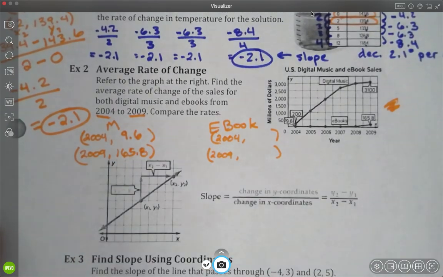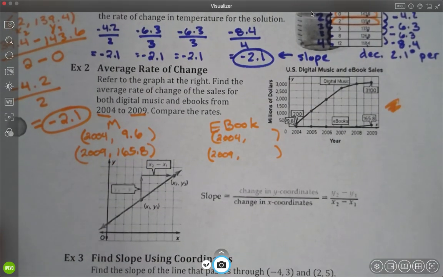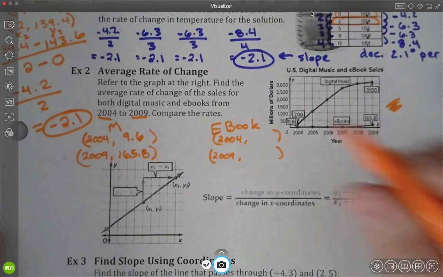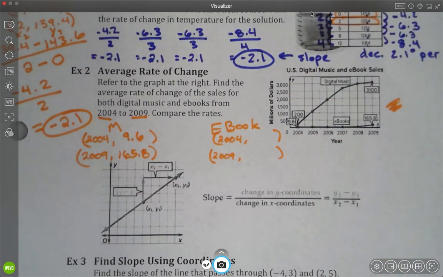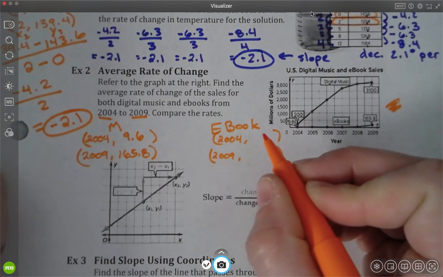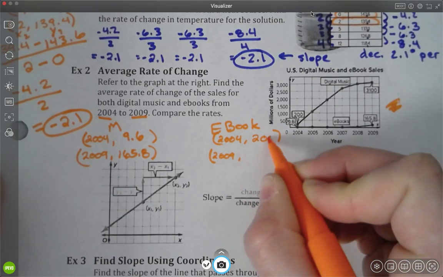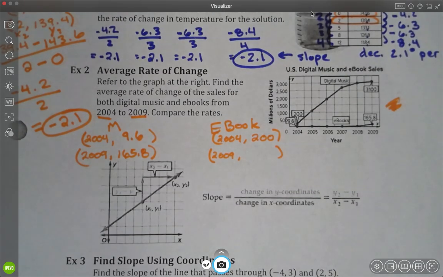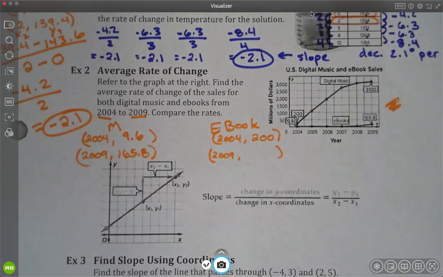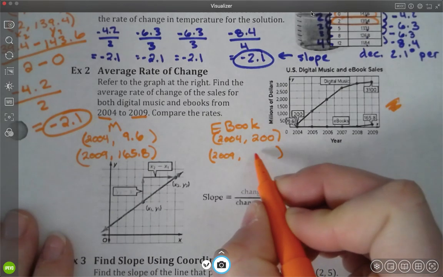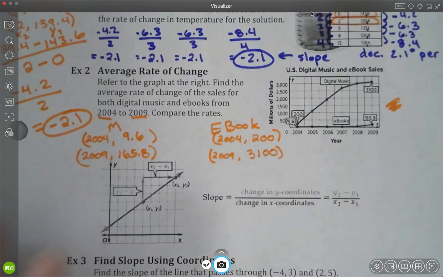This is in probably millions, by the way. Millions of dollars, yep. Okay, ebook. What's ebook in 2004? 200 million. Okay, we're just going to put 200. All right, and then digital music for 2009. 3,100. So that is, what's 3,100 million?